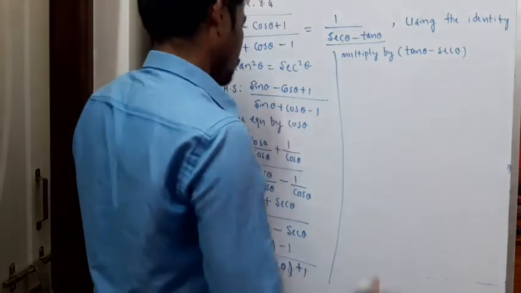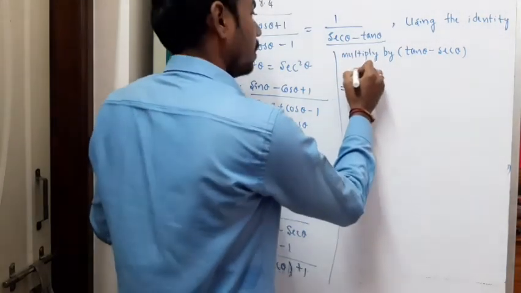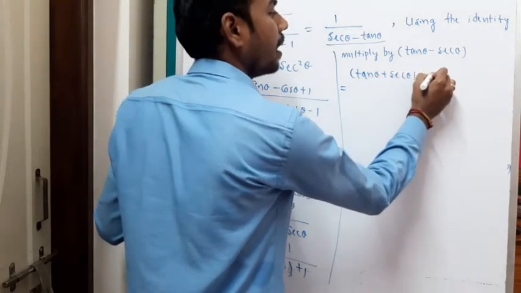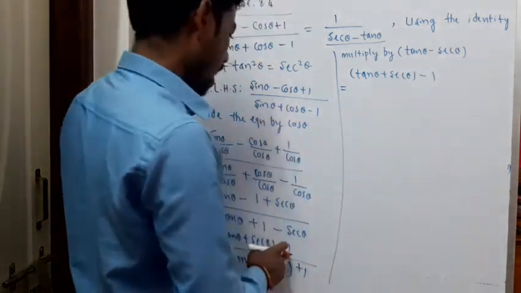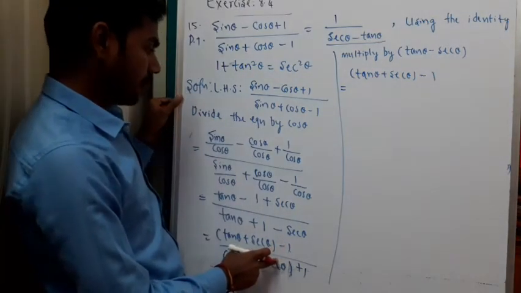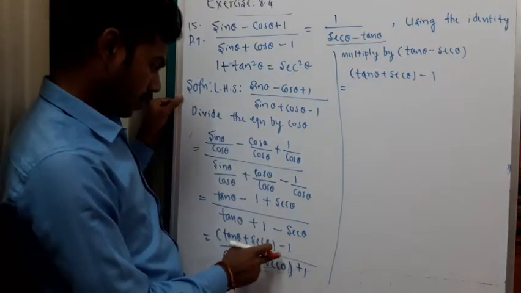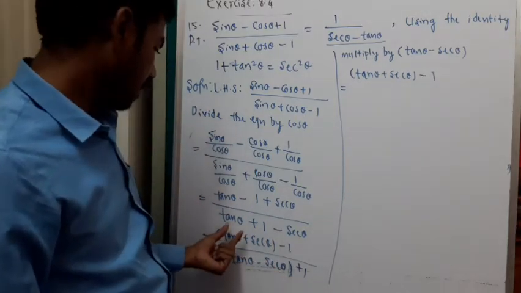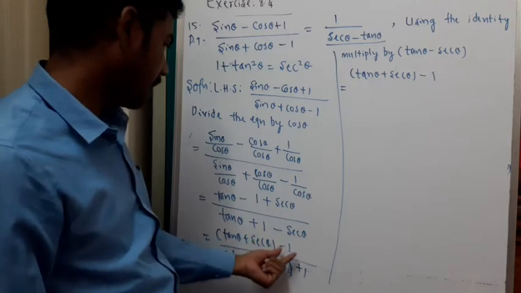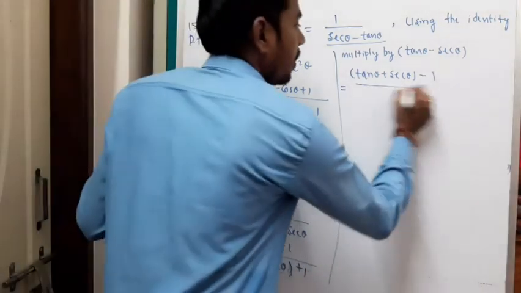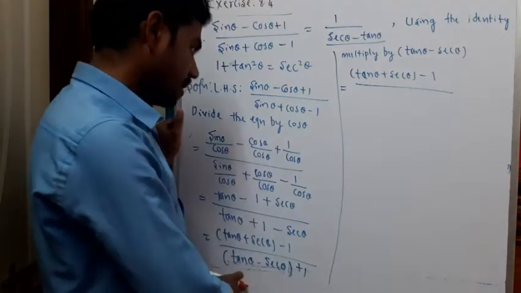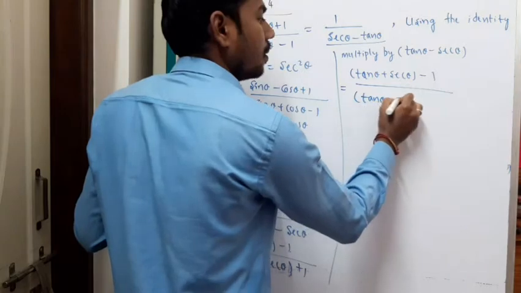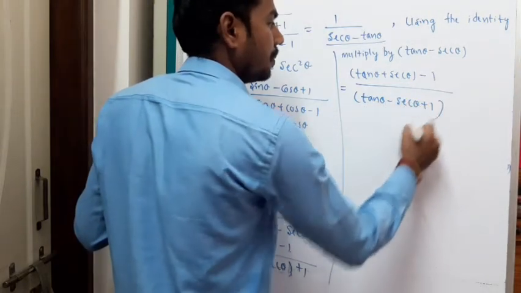So the numerator is tan theta plus secant theta minus 1, and the denominator is tan theta minus secant theta plus 1.